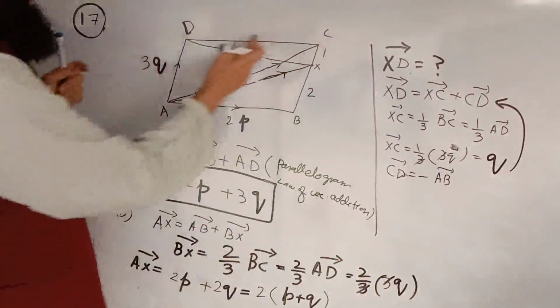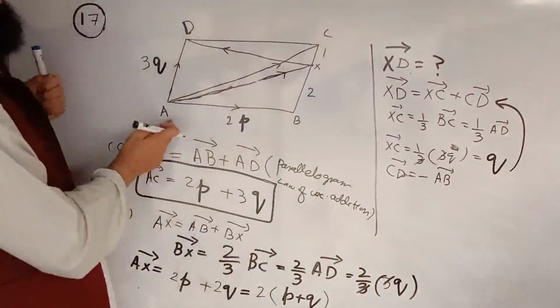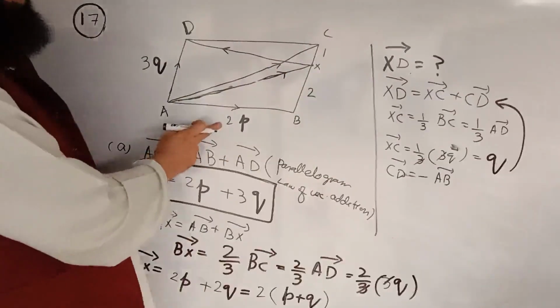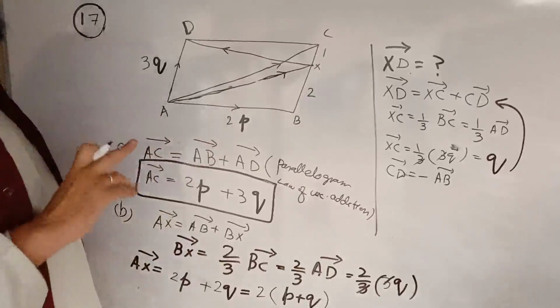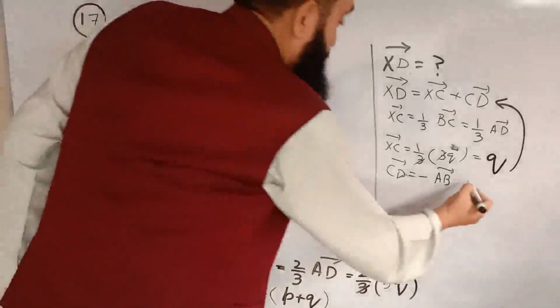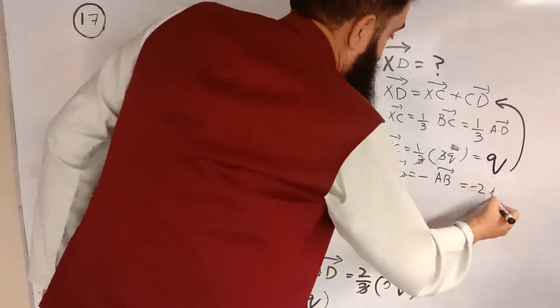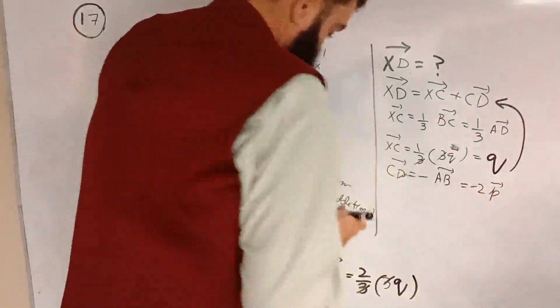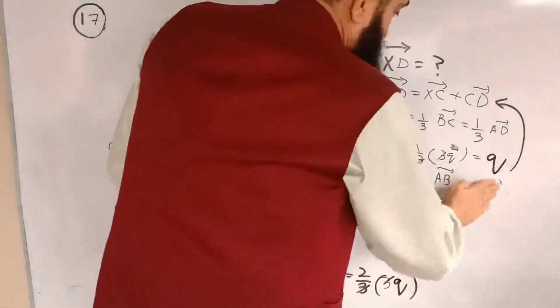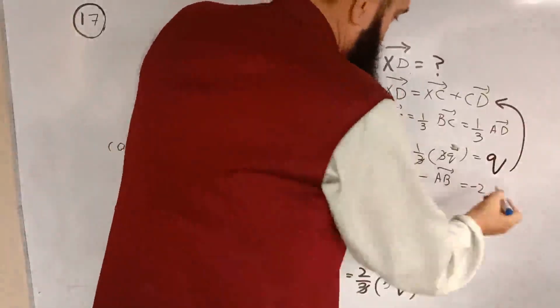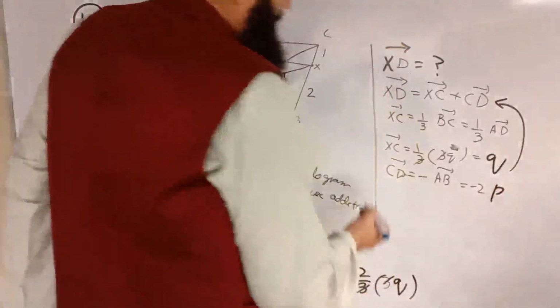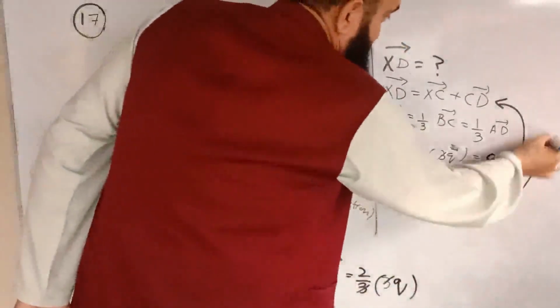AB is 2P, so CD will be minus 2P, in boldface.